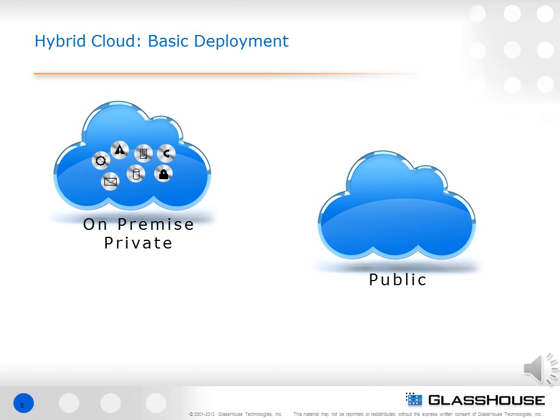I wanted to spend the rest of the presentation talking about some hybrid cloud architectures, and the first one here is a very basic deployment. We've got an on-premise private cloud with some applications running within it, and a public cloud. What we haven't got is any interaction or integration between these two cloud platforms.